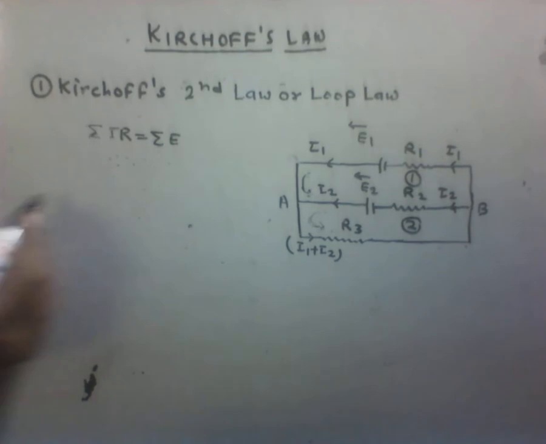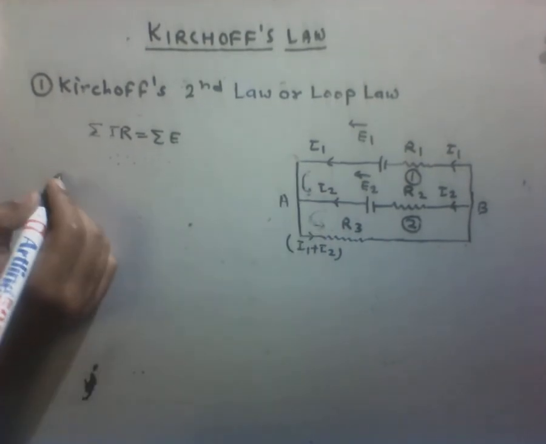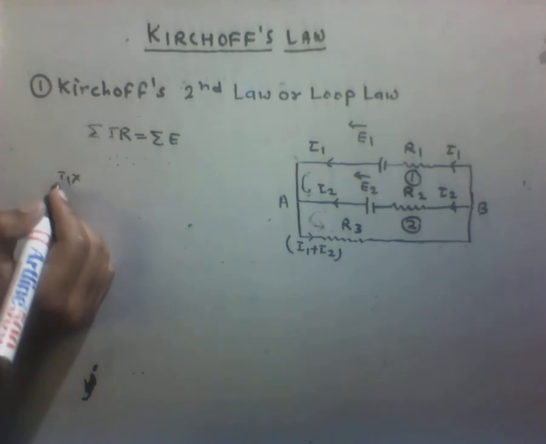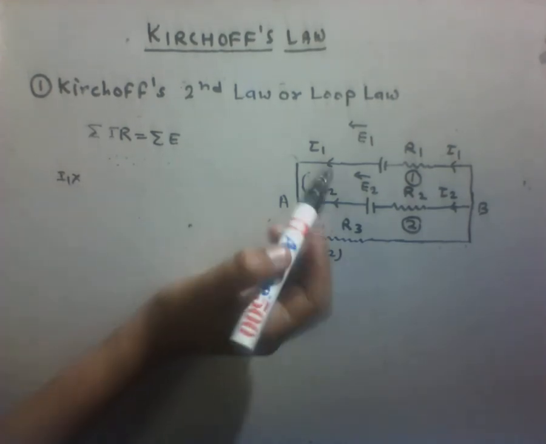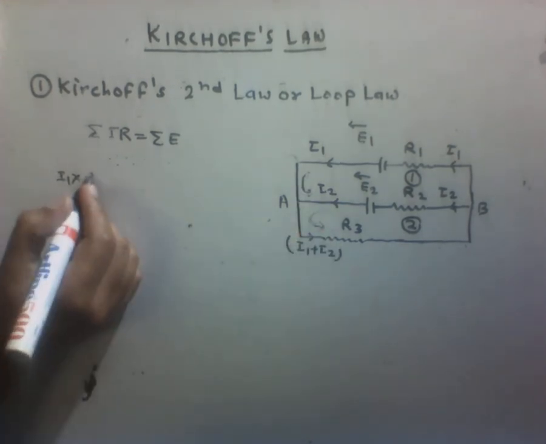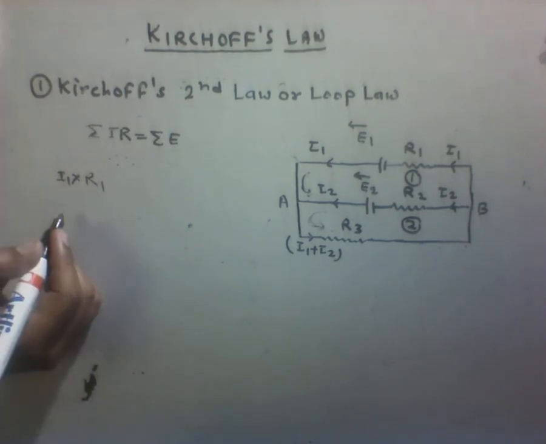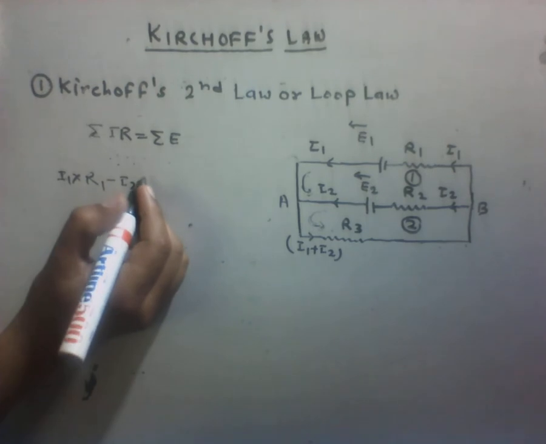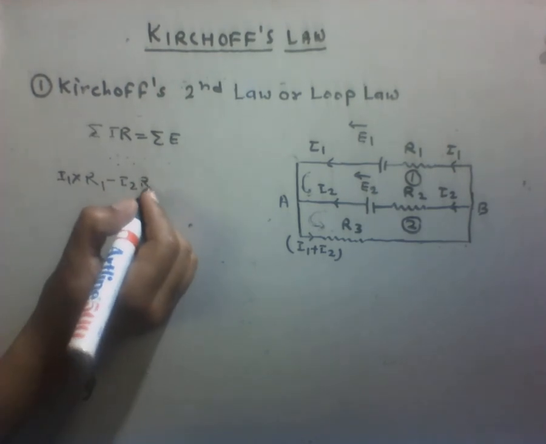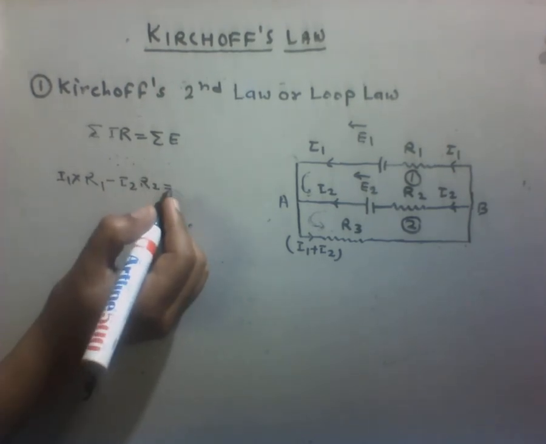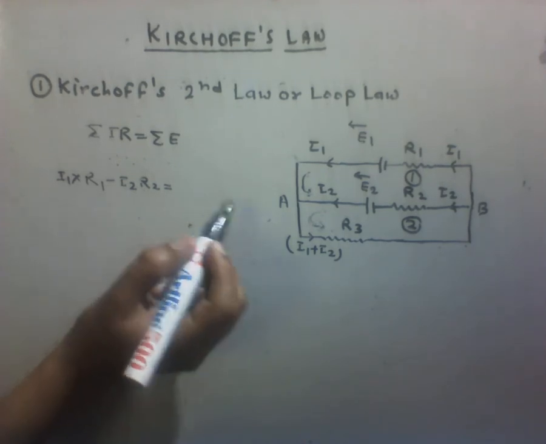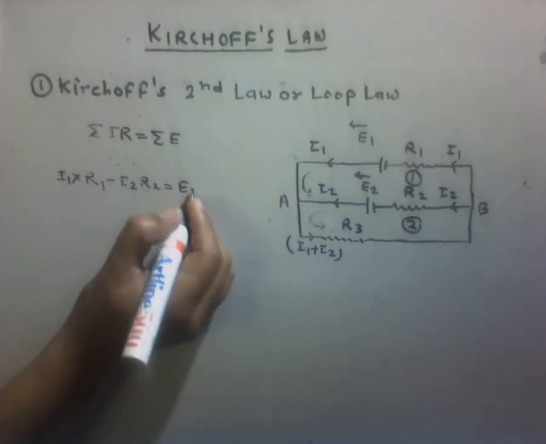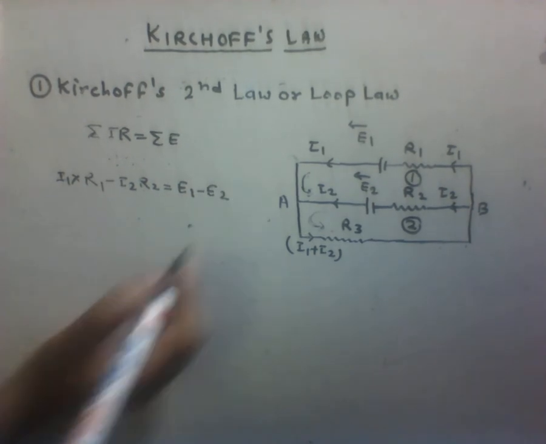For the first loop, applying Kirchhoff's law, I1 into R1 minus I2 into R2 is equal to E1 minus E2.